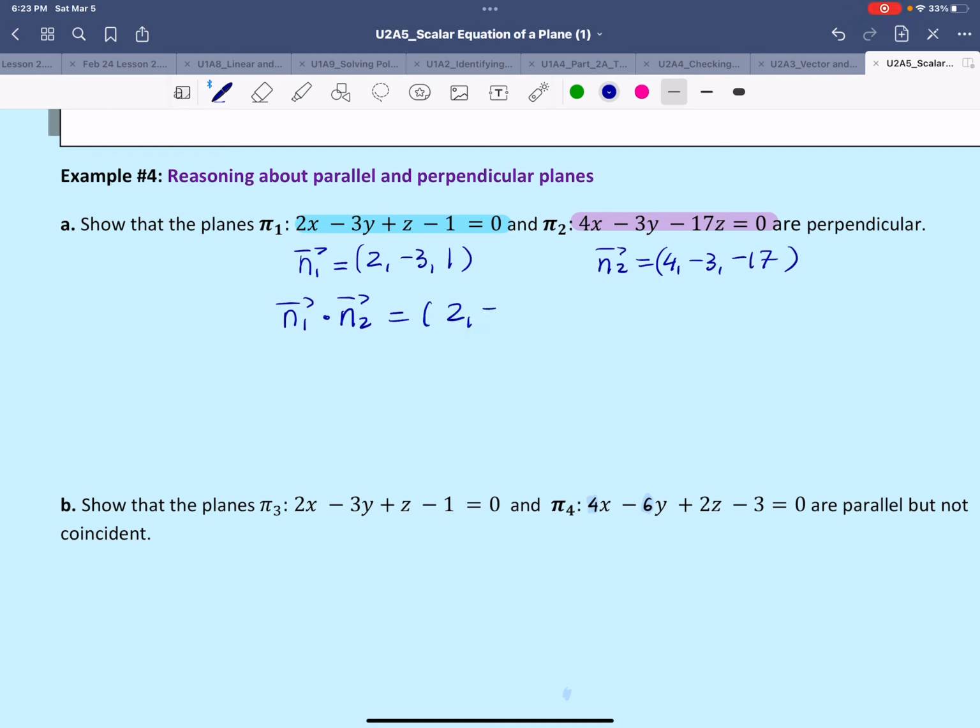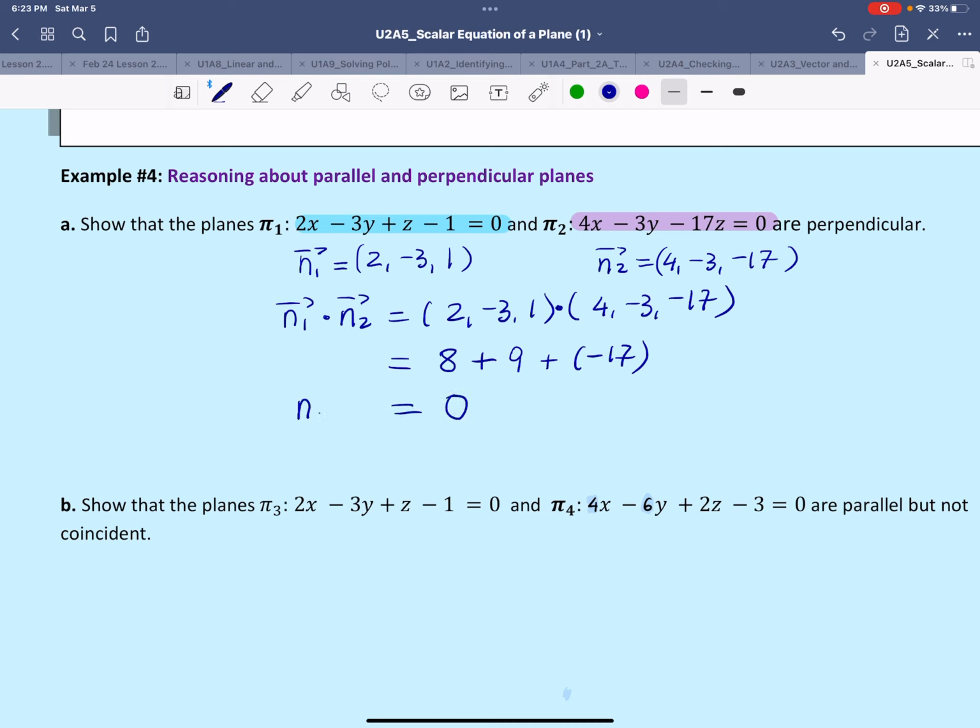We have 2, -3, 1 multiplied by 4, -3, -17. So obviously the x's go together, the y's go together, and then the z's together. So let's get started. We have 2 times 4, 8. -3 times -3 is a 9. 1 times -17, -17. 8 plus 9 minus 17 is 0.